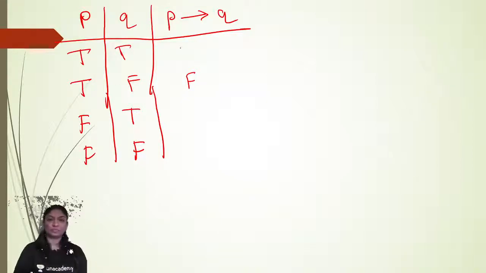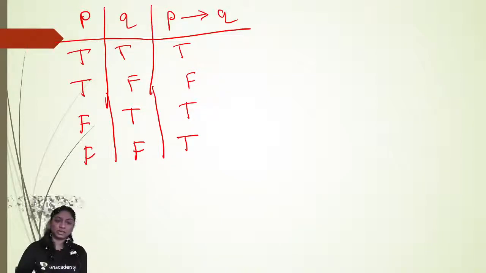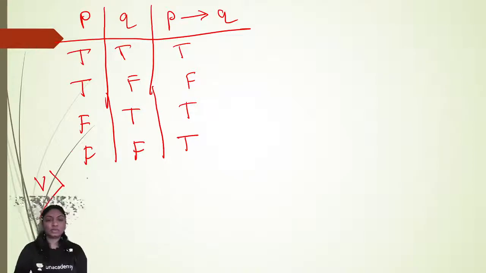Otherwise, it is true. So true, false, true, true. This is the truth table for the logical connective if then.